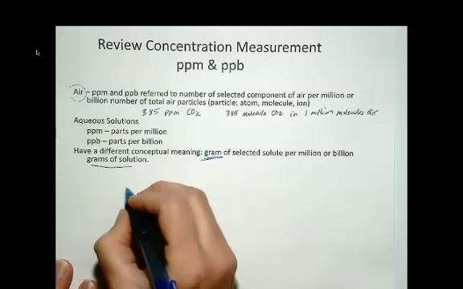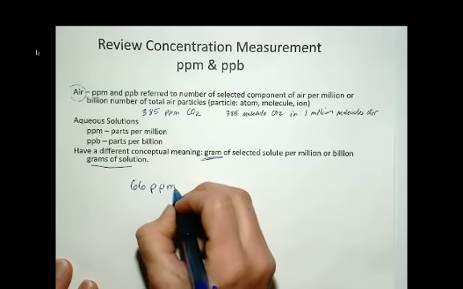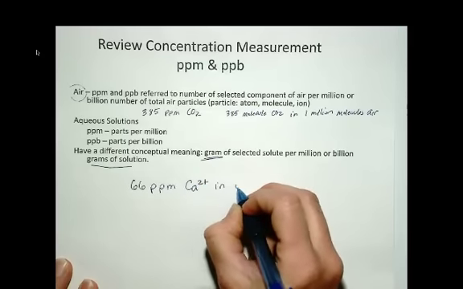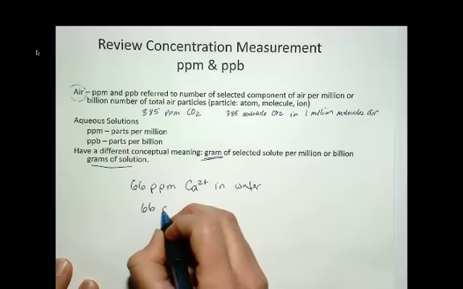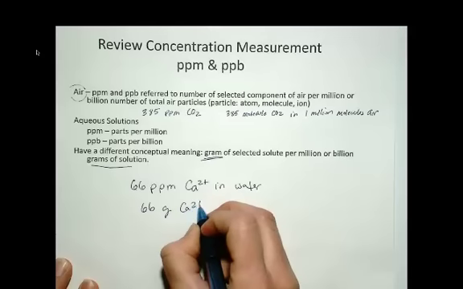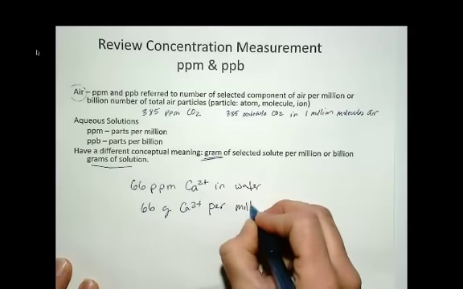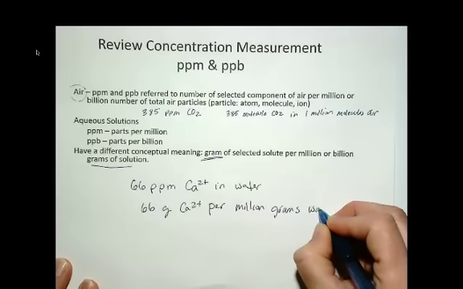So for example, if we said there's 66 parts per million calcium ion in water, what that means is that there's 66 grams of calcium ion per million grams of the water.